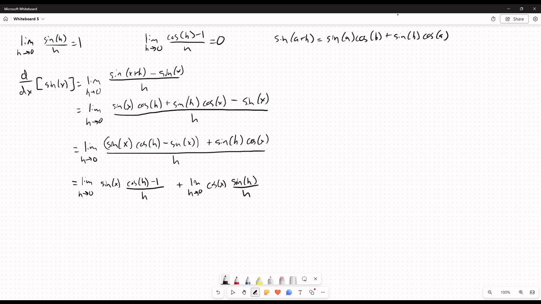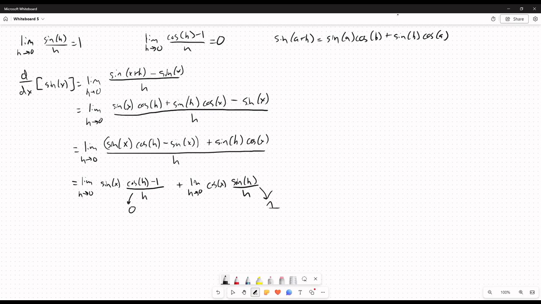This is where our special limits come into play, because the limit of cosine of h minus 1 over h as h goes to 0 is 0, and the limit of sine of h over h as h goes to 0 is 1.